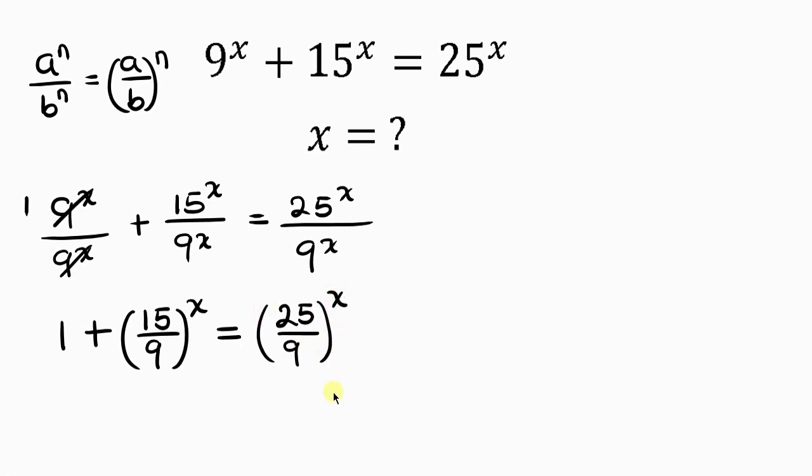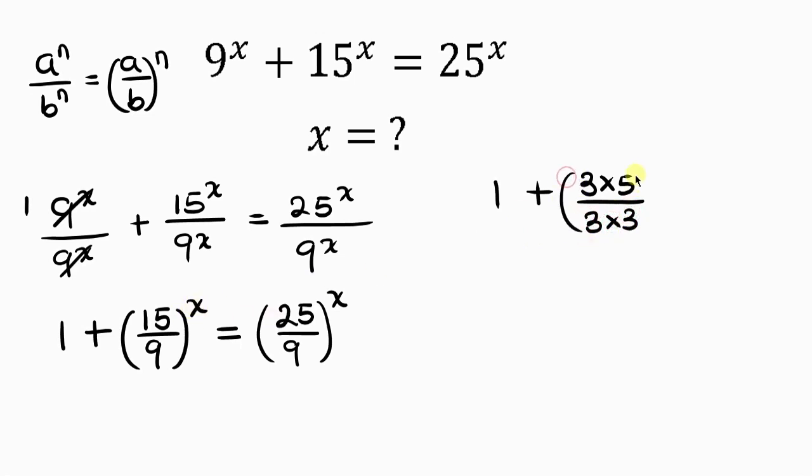Very good. Now our next step will be for us to split 15 and 9. So we have 1 plus 15 is the same as 3 times 5 all over 9, which is the same as 3 times 3, and this is raised to the x.